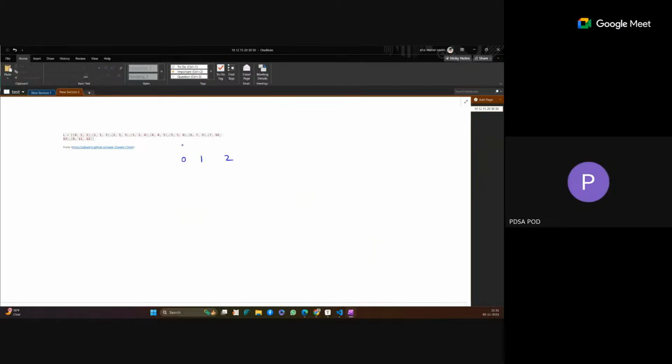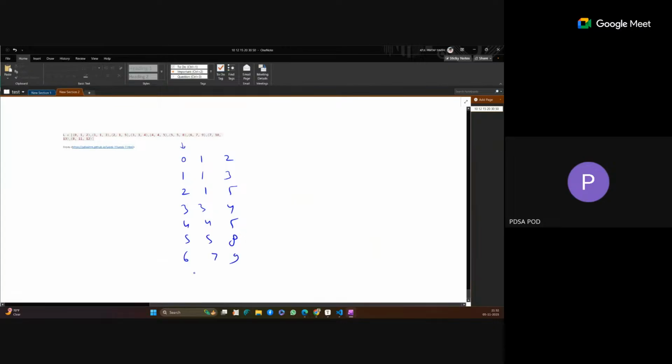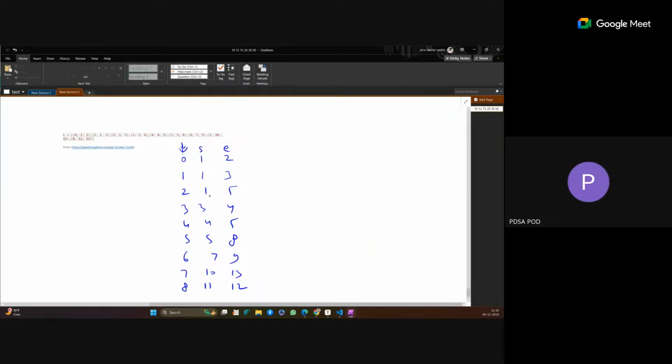The first value is just an id: 1 1 3, 2 1 5, 3 3 4, 4 4 5, 5 5 8, 6 7 9, 7 10 13, and 8 11 12. So this is the id of the slot, this is the starting time, and this is the ending time.